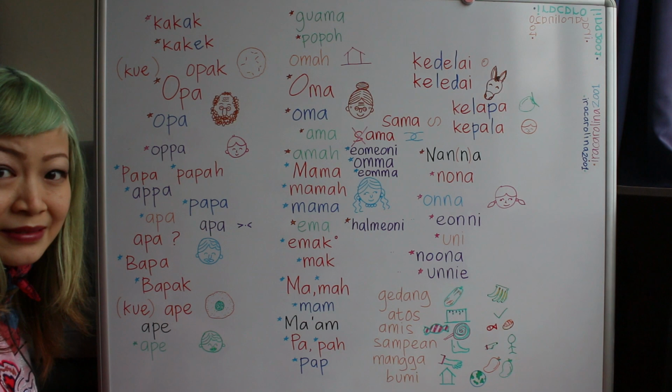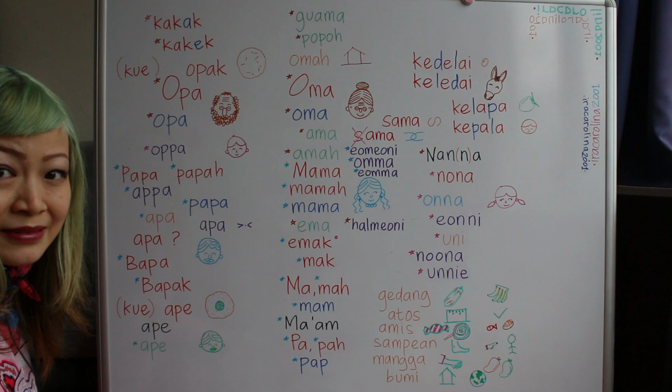Because if you're male and you have to call an older female, or people who's old enough to be your older sister, you have to call her nuna, or the girl who is old enough to be your older sister, nuna.